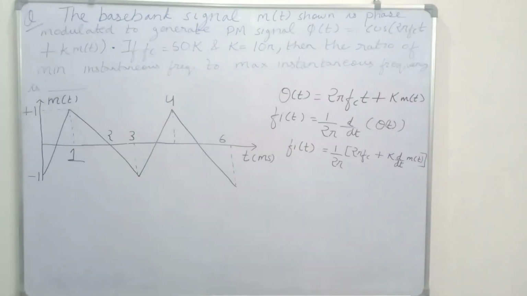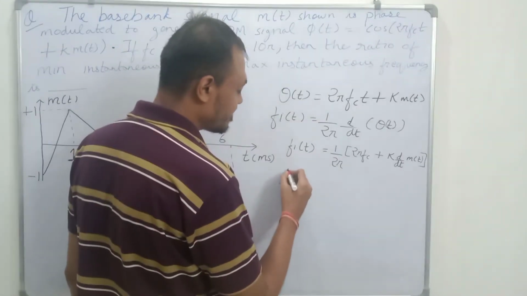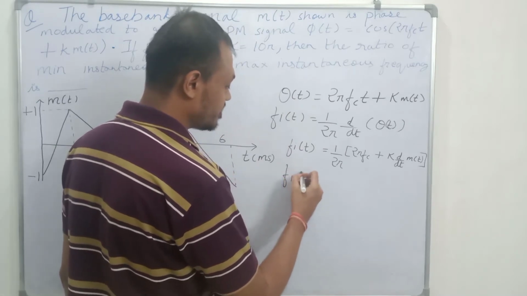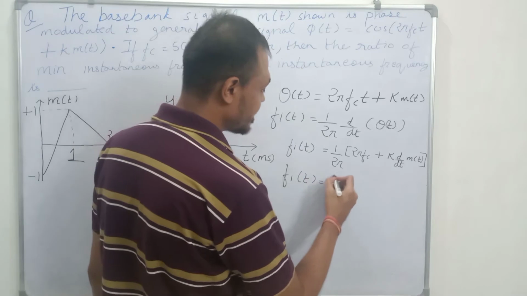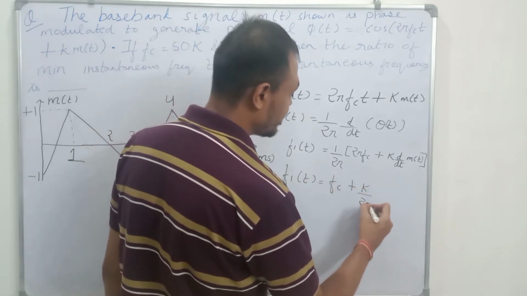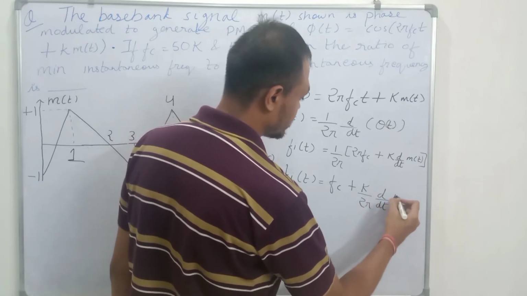This will be the value of the instantaneous frequency which we get after differentiating theta(t). So if we divide by 2 pi here, then we get fi(t) is equal to fc plus k upon 2 pi d by dt of m(t).